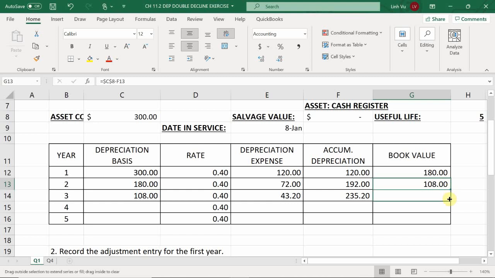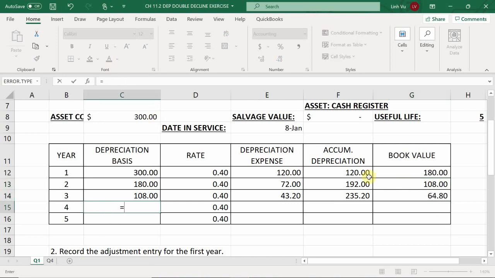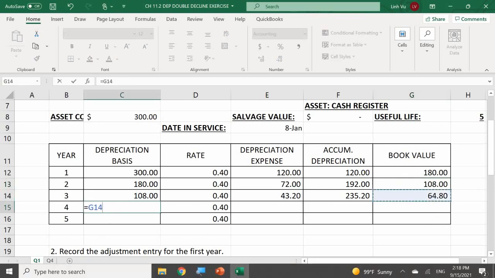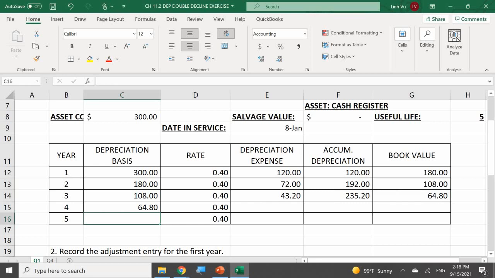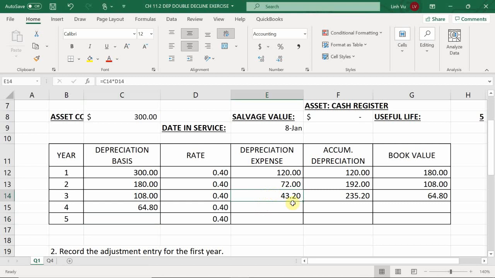I got 64.80. Good. Which then becomes my depreciation basis for year 4. So in this case, year 4, all right, what's my depreciation expense? $25.92.